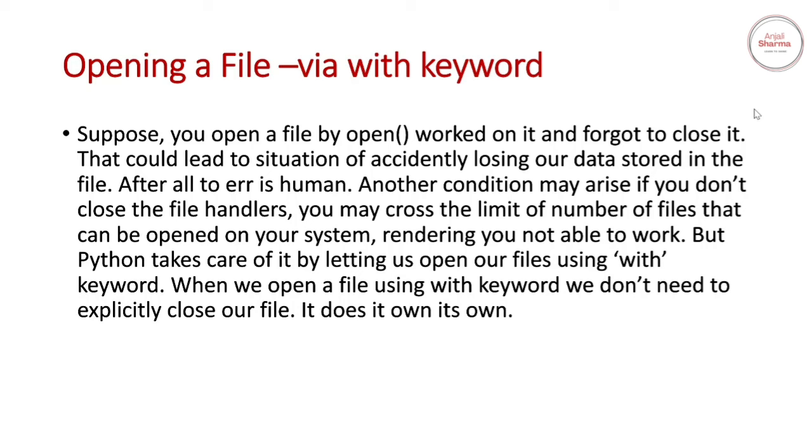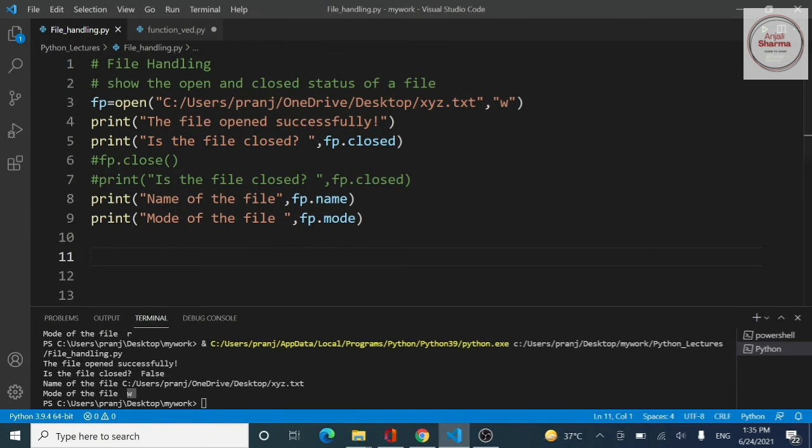When we open a file using the with keyword, we don't need to explicitly close our file. Python does it on its own. So that is the importance of Python being a concise language. Now let us see how we can work with the with keyword.